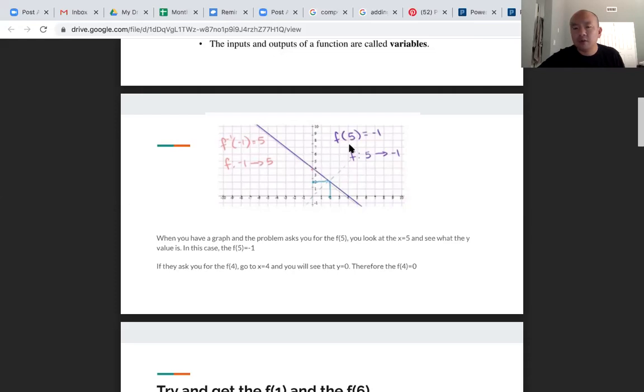Okay, so as I mentioned before, 5 is the x value, so we go with the x value of 5. And what they're asking for is, what is the y value when x equals 5? So when you look down here, notice that it is -1. Okay, so that's how you're getting these functions here.